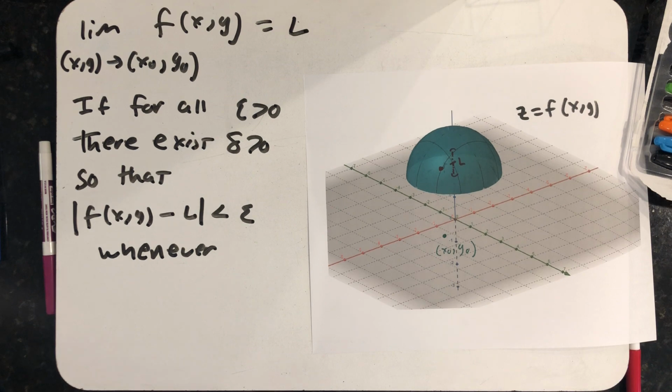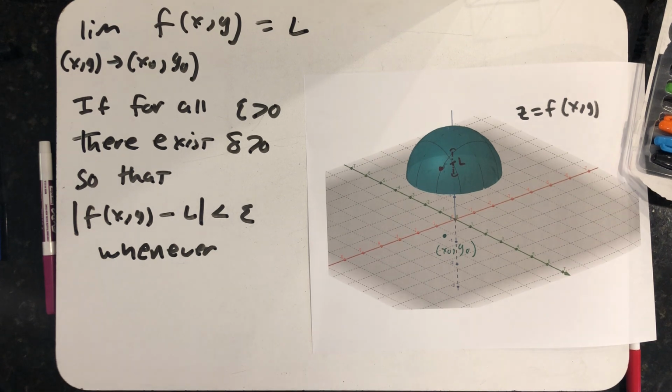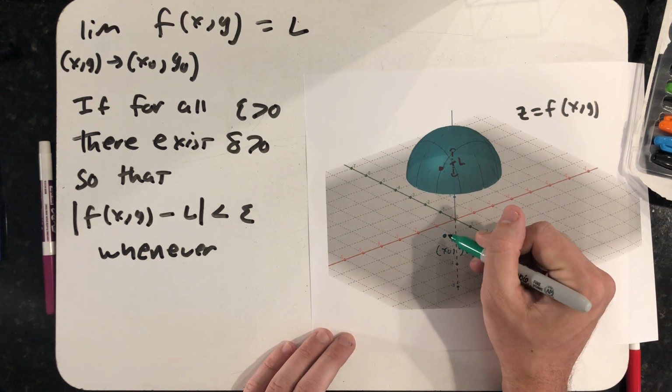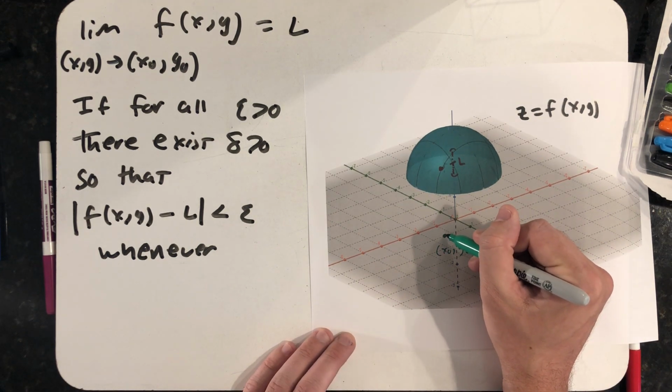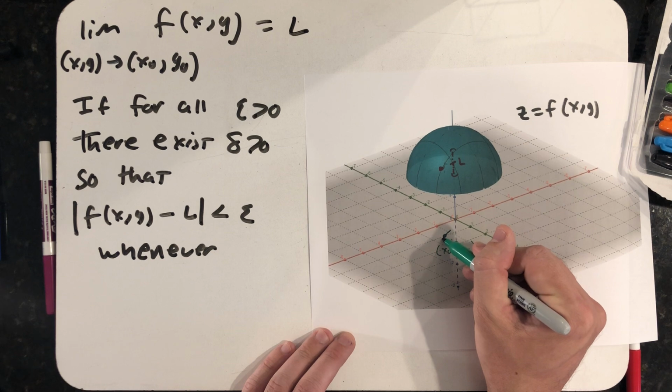So what I was really doing is identifying a spot in the domain where all the points were less than a certain distance away. And that's what I can do here. In the plane, I can identify all of the points that are less than a certain distance away. And so if I identified a delta that would work, and I'm not going to try to really draw what I think it is to match that epsilon, because drawing in 3D is hard.